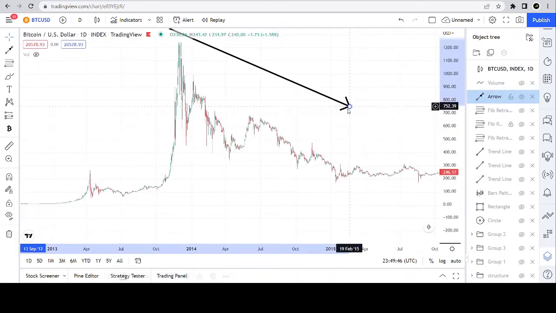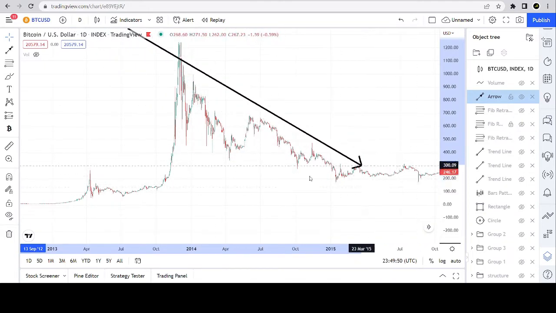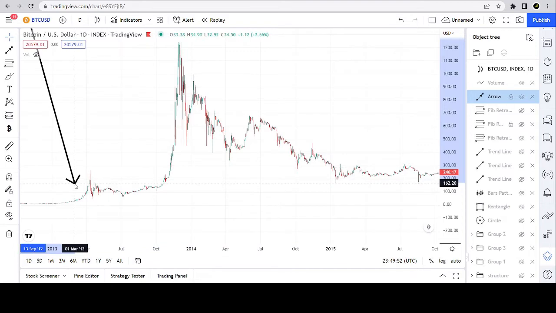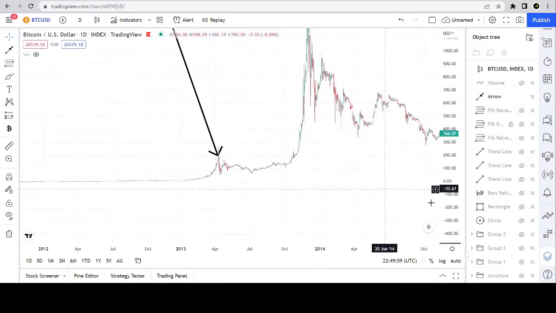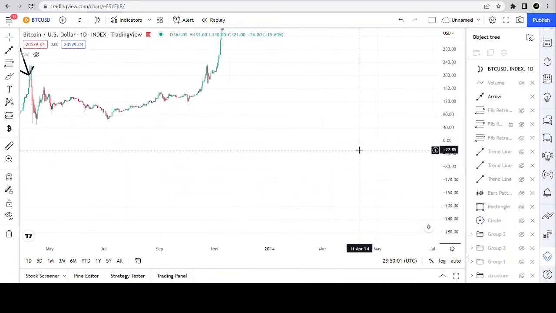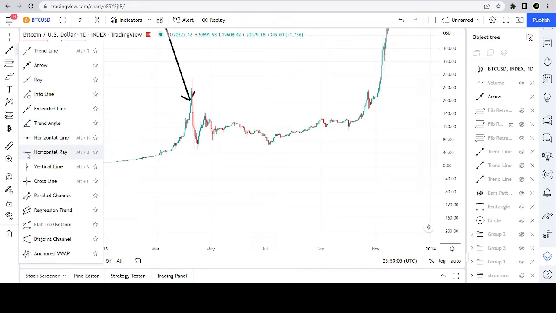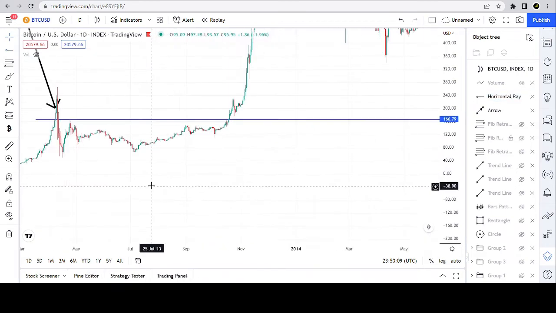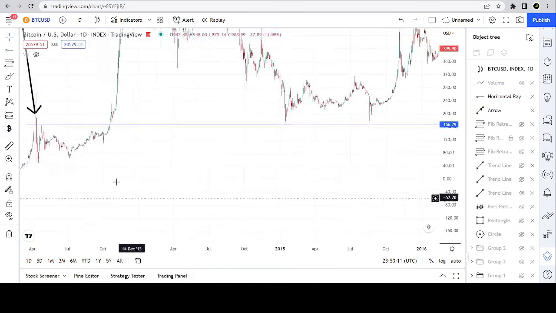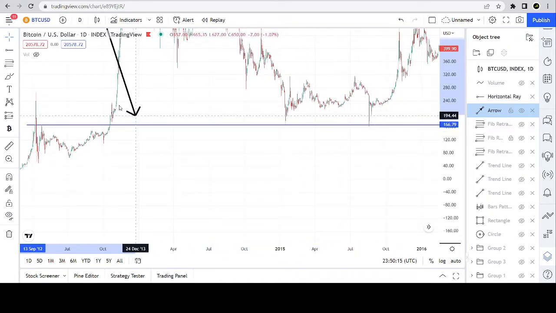Now, what I noticed is that where pattern B bottomed out here is right at the top of the first wave on the pattern A. So let's zoom in here a little. If you put a line on this chart on this peak right here, and compare it to where that capitulation took place, it's right in that same zone.